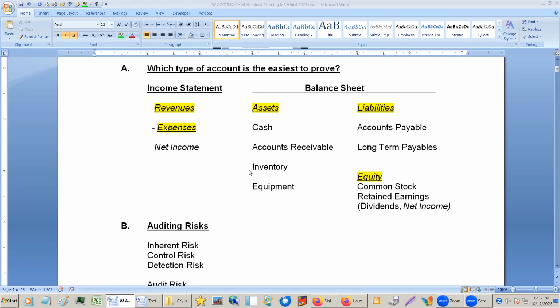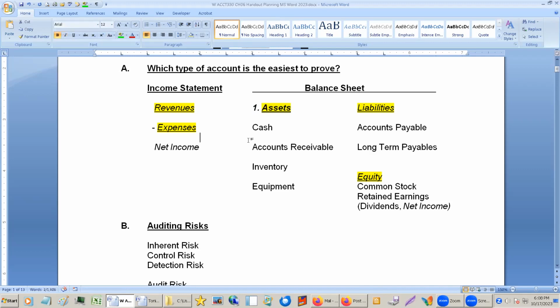One of them you can see. The rest of them you can't. Assets? Yep. Yeah, we start our audits with assets generally, because they're the easiest.